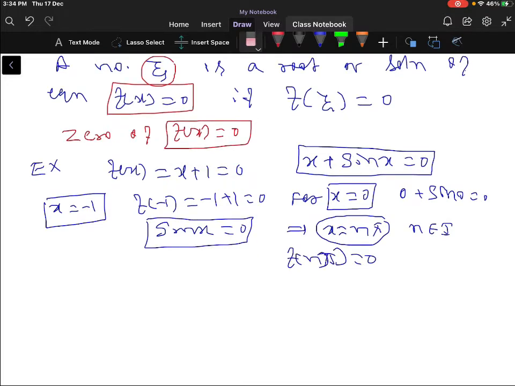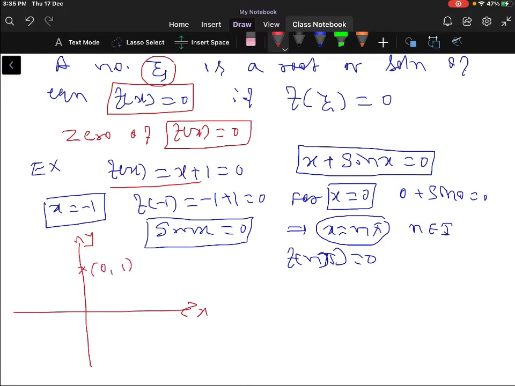Now let me plot the graph of the function f of x equal to x plus 1. Let us draw the coordinate system, x-axis, y-axis. At x is equal to 0, f of x, that is y, is 1.